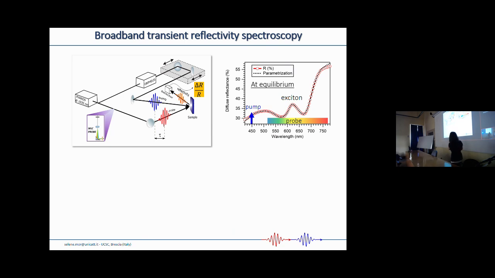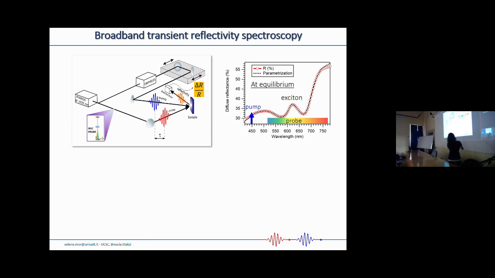You then deliver your pump pulse on a delay stage, which is used to vary the optical path between the pump and the probe beams, and by that you vary the time delay between the two pulses. Then you focus the pump on your sample. The other beam goes through a process where it is converted into a white light continuum probe, a very broad pulse.